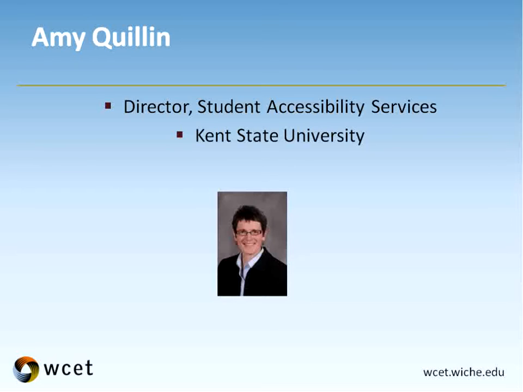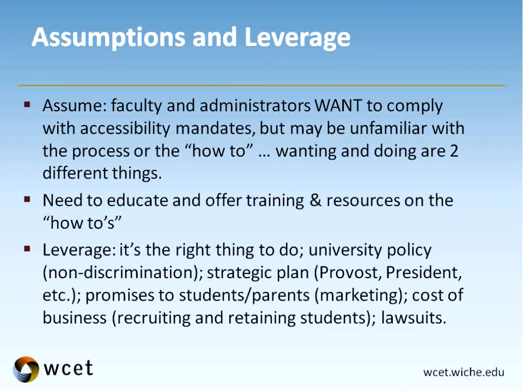Great, thank you. Greetings from Kent State in Kent, Ohio. I'm the Director of Student Accessibility Services, and we typically provide academic accommodations to students with documented disabilities. So I'm going to talk a little bit about some of the challenges in working with faculty and administrators about that. Our basic assumption when we work with faculty is that faculty and administrators generally want to comply with accessibility mandates.